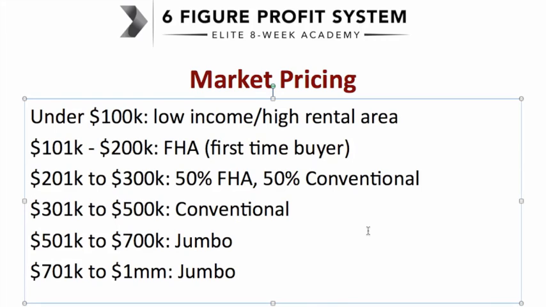Any of your Washington, D.C., New York City, these markets that are exceptionally high compared to the rest of the nation would all scale differently. For example, in San Diego, your low income isn't under 100, it's probably under 500 is the low income area of San Diego. So you will need to adjust these numbers if you're in one of those outlier markets, like a lot of California and New York City and so on.